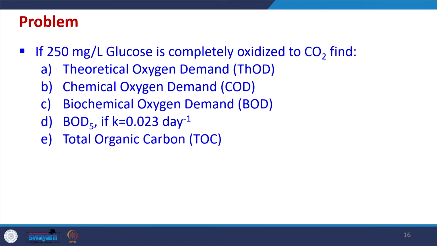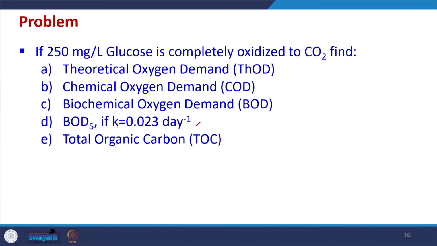Now, we will solve one problem to further understand the differences. Suppose 250 milligram per liter of glucose is completely oxidized to CO2. We have to find out the theoretical oxygen demand, chemical oxygen demand, biochemical oxygen demand, BOD 5.